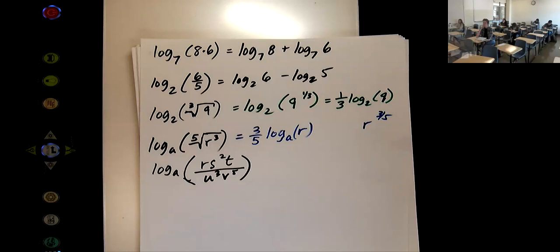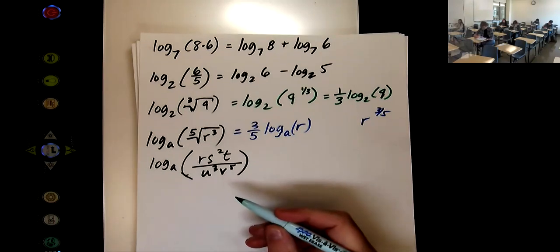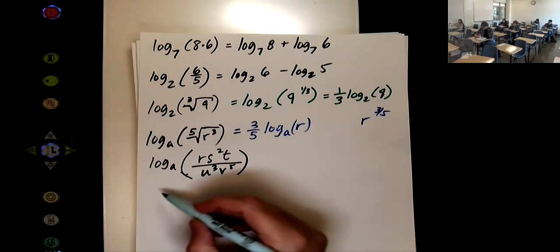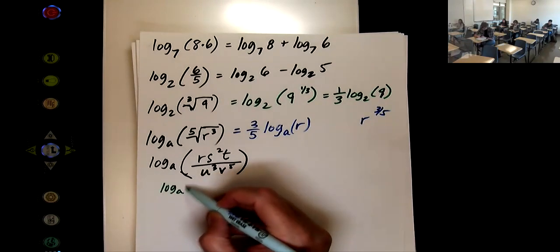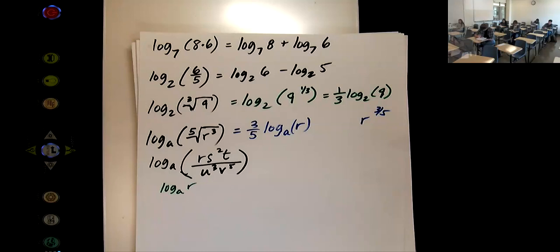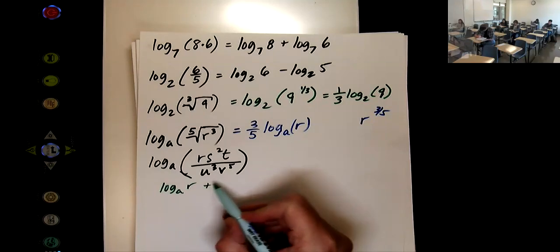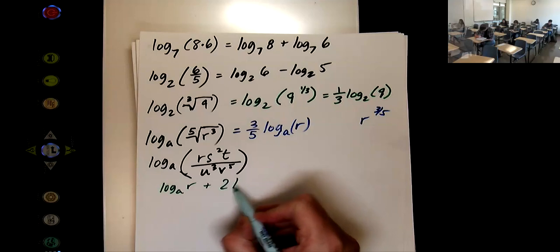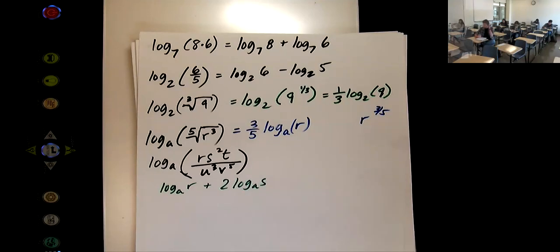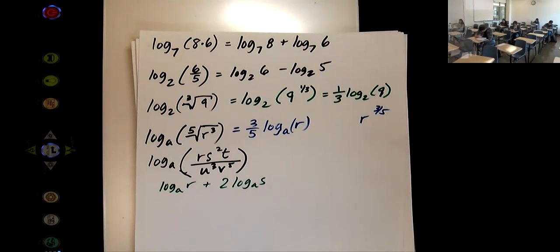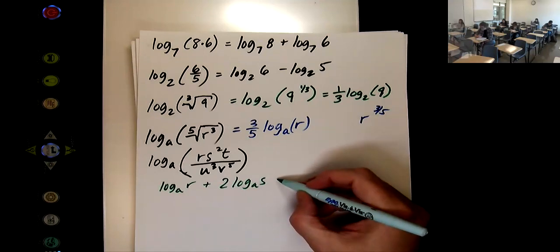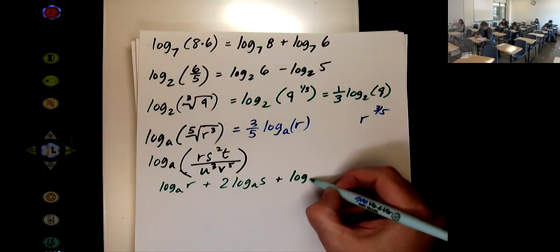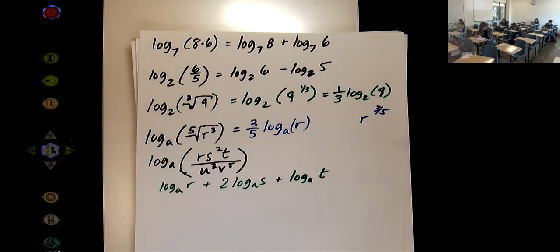We've got 5 different variables, so we should be able to end up with 5 different logarithms. We have log base a of r. And we've got one with an s, but it's squared, so we can pull the 2 down in front. And we have t by itself and it's multiplied on top, so we just do log base a of t.